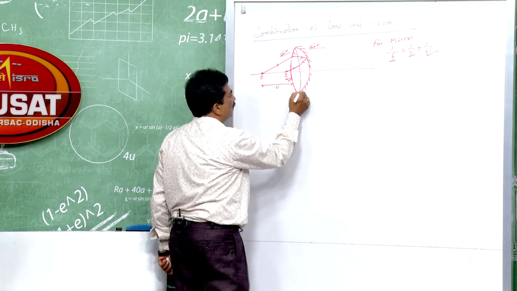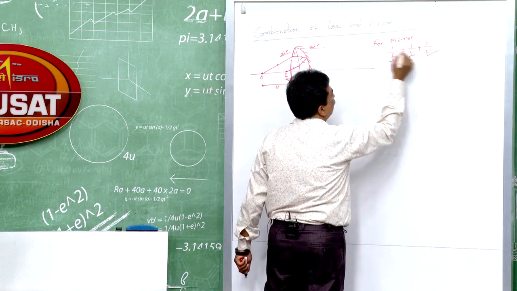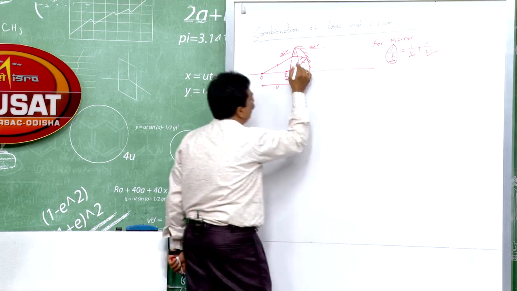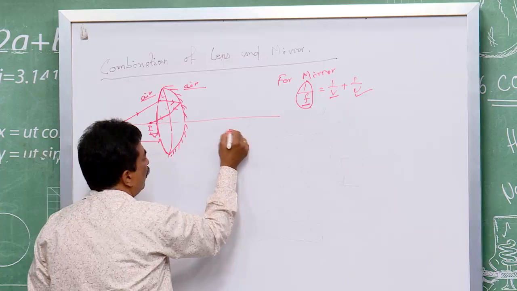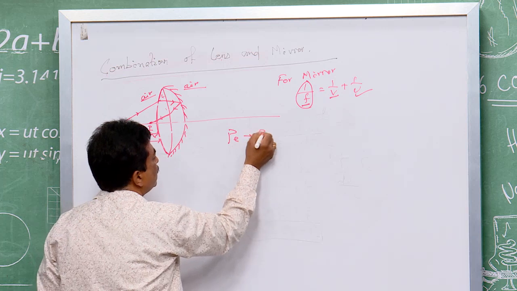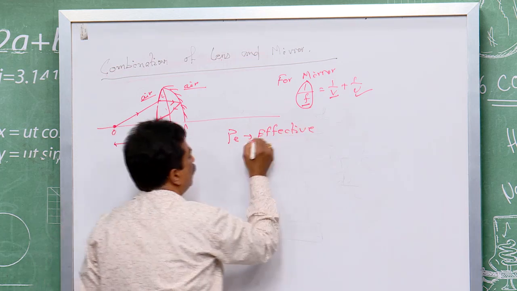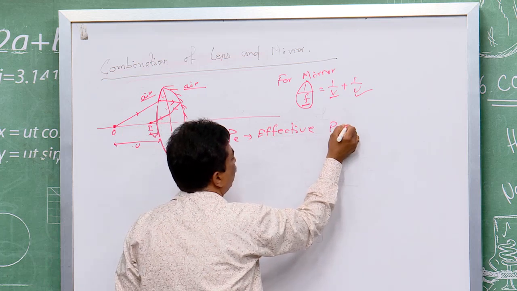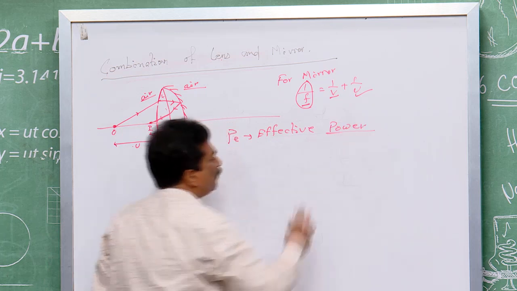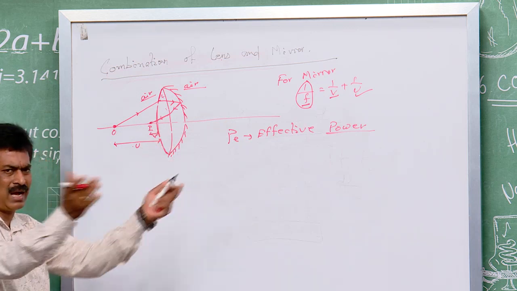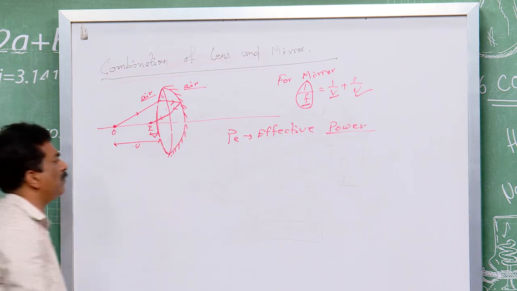So, how will you calculate the value here? One has to determine the value of P_E, the effective power. First, you have to know what the effective power is. You have to calculate the value of the effective power, because the two things are in combination, and it will give you the effective power.